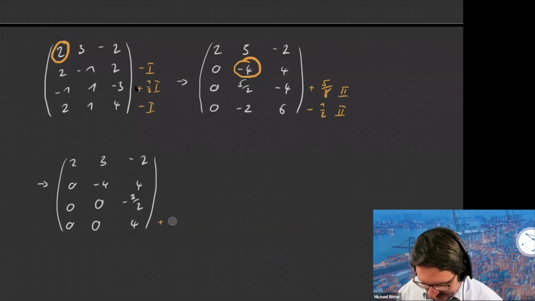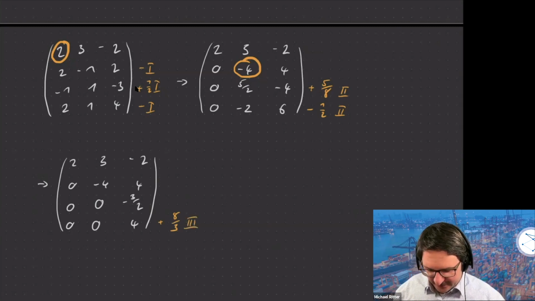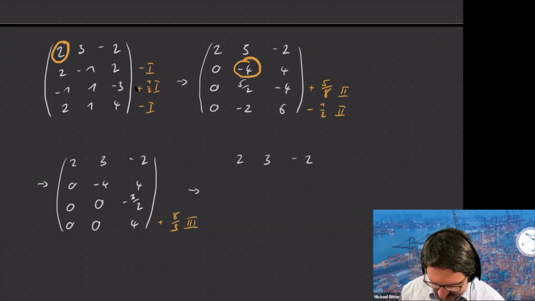Sorry. 2 over 3 times 4, 8 over 3. 8 over 3 times row 3, right? That should work. And that will give you the 0 here we want in the last row. Sorry. Once again: 2, 3, minus 2, 0, minus 4, 4, 0, 0, minus 3 over 2, and a row of zeros.